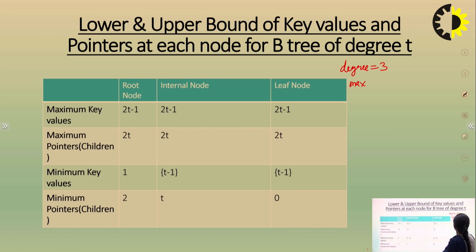The maximum number of keys for degree 3 is, you can see here, 2t minus 1. T is equal to 3, that's why 2 into 3 minus 1, which is equal to 5. Right? In that problem, you can have 5 as the maximum number of keys. Next is the minimum number of keys for degree 3.